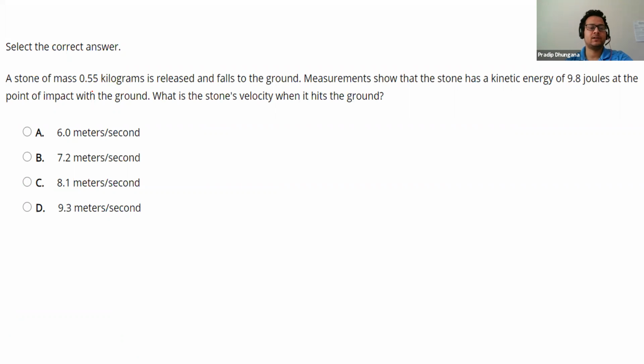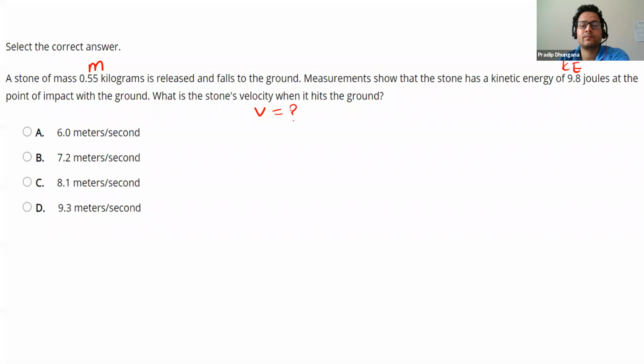A stone of mass 0.55 kilograms is released and falls to the ground. Measurements show that the stone has a kinetic energy of 9.8 joules at the point of impact with the ground. What is the stone's velocity when it hits the ground?